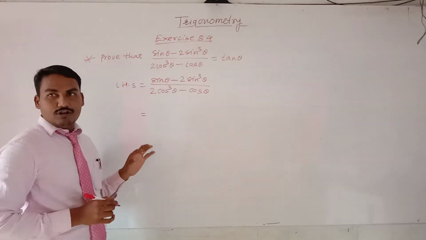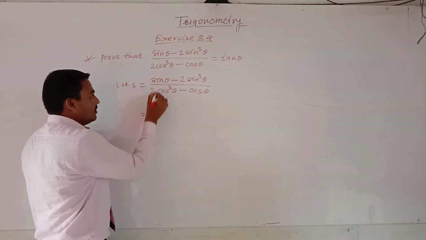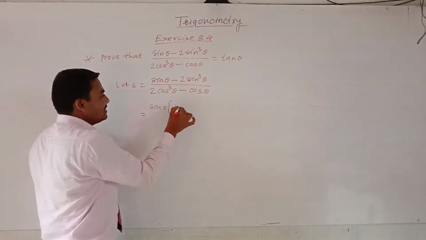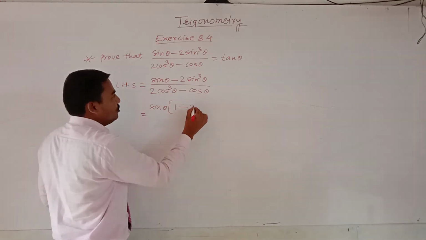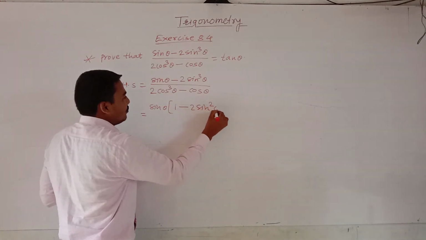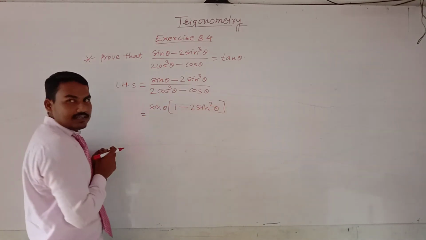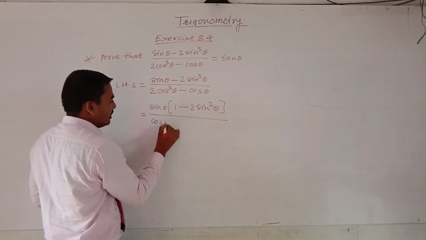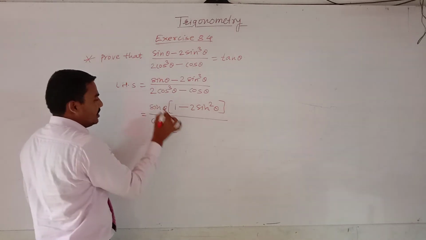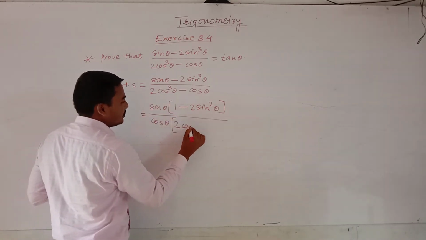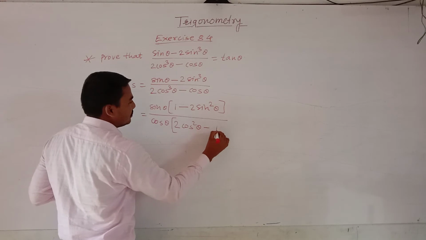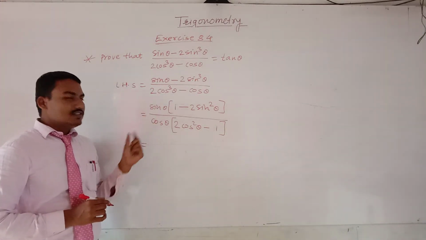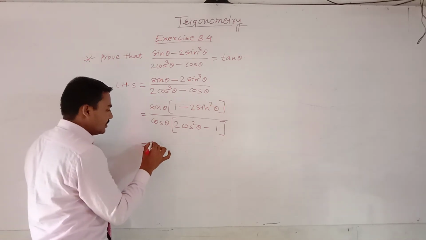From the numerator I want to take sin theta common, so inside the bracket 1 minus 2 sin square theta remains, and sin theta is outside. From the denominator I want to take cos theta common, so here 2 cos square theta minus 1. So sin theta upon cos theta is tan theta.